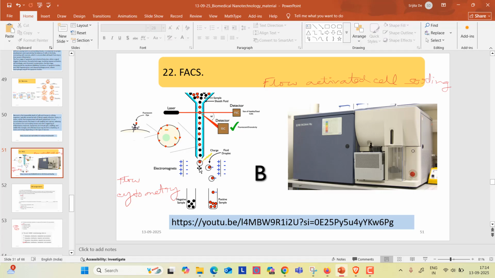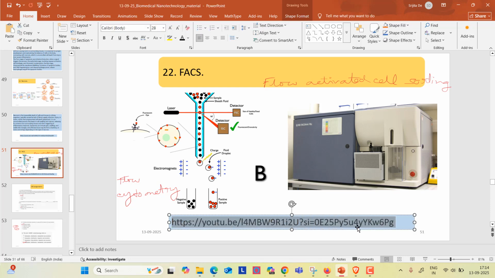What is happening now? They are separating these cells, the dead cells and healthy cells, into different shells. And this is the instrument of flow cytometry. We will see this video at the last.